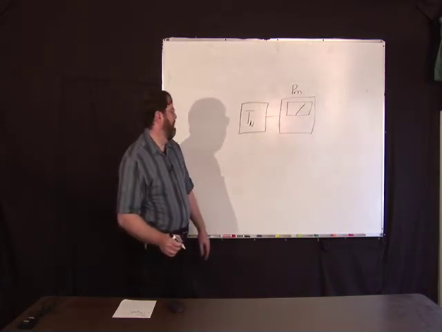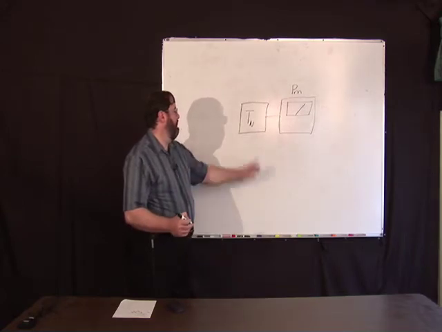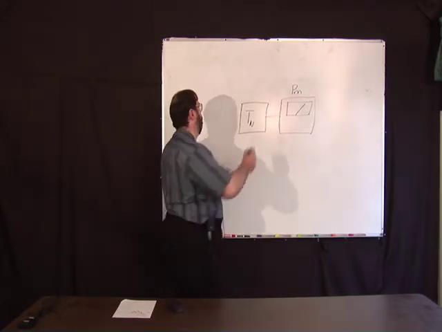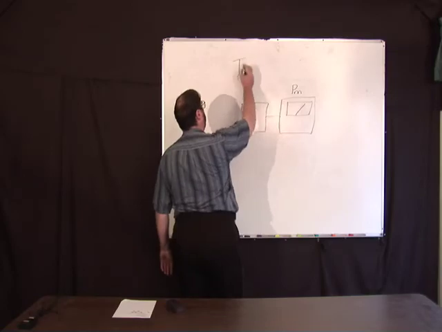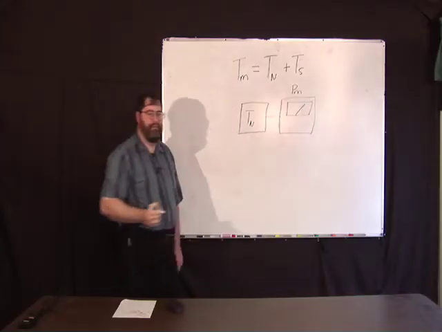I'm not going to talk about that too much. We're just going to assume you know how to do that. So now you've got the situation where the measured noise temperature is the noise temperature of the thing you're trying to measure plus the noise of the measurement system, which we'll call TS.